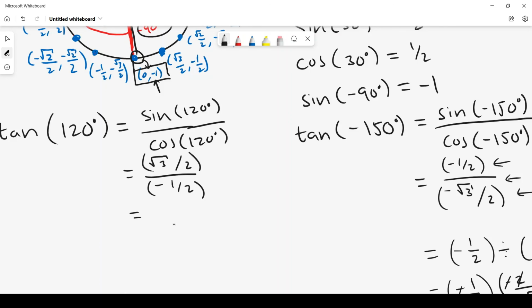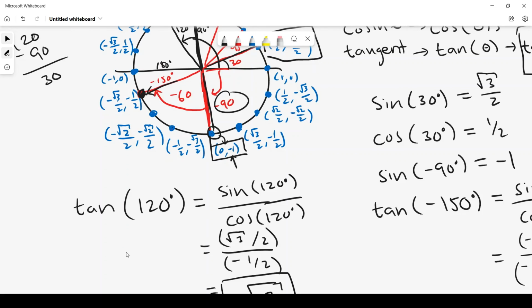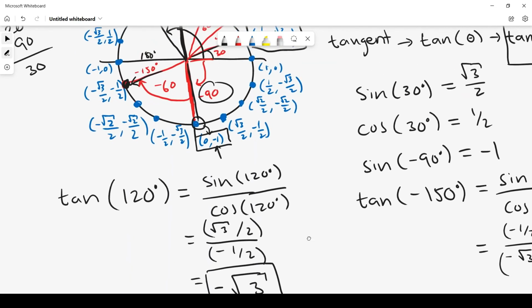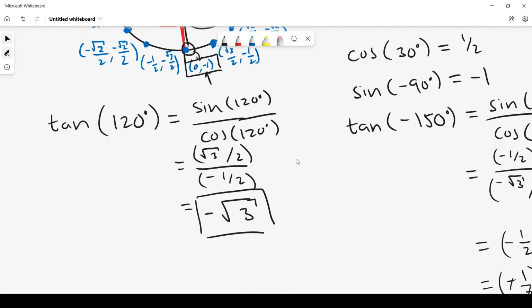We're dividing two fractions, in which you can already see where we're going to have the 2's cancel out here, and we're just going to be left with negative square root of 3 right over here. Making sure I did that right. Yep, should be good. And so tangent of 120 degrees is sine of 120 degrees divided by cosine of 120 degrees, which gives us negative square root of 3 right over here.